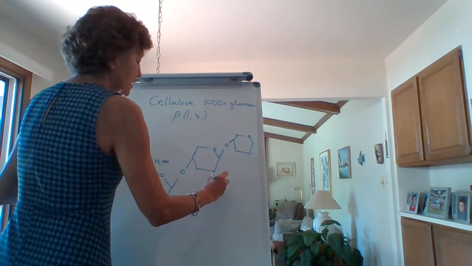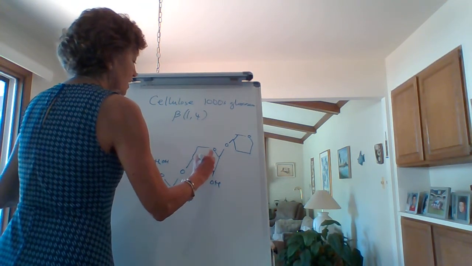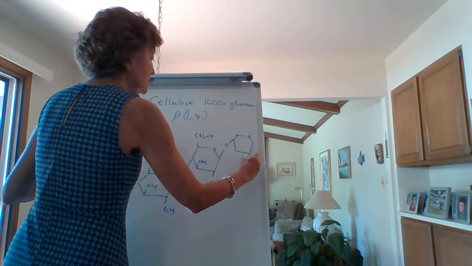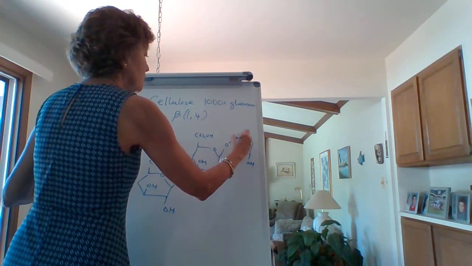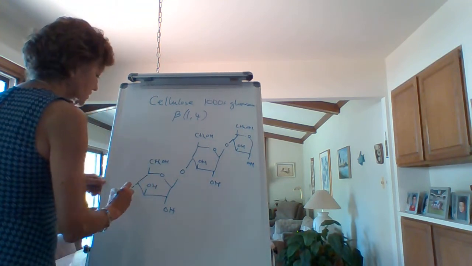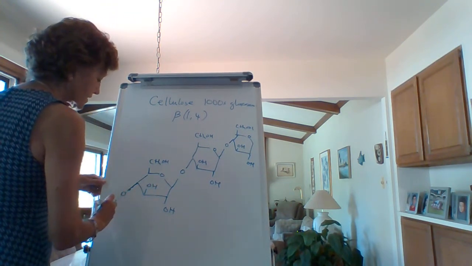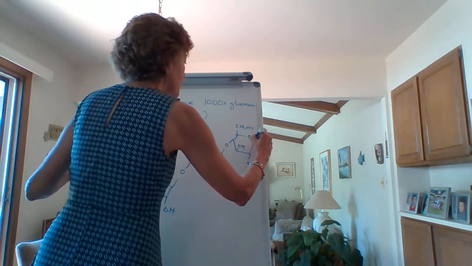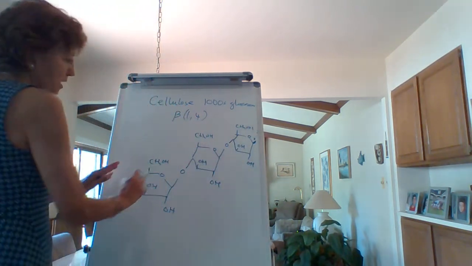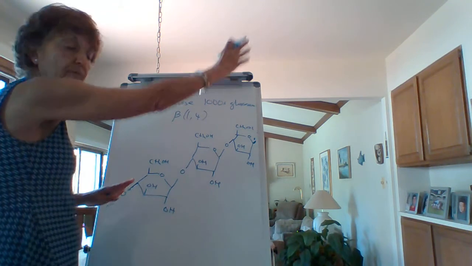OH going down at carbon 2, up at carbon 3, carbon 6, OH, OH, carbon 6. And then you got this guy just O, et cetera, and O, et cetera, et cetera. This is beta and beta coming in. So it just keeps on going, okay?